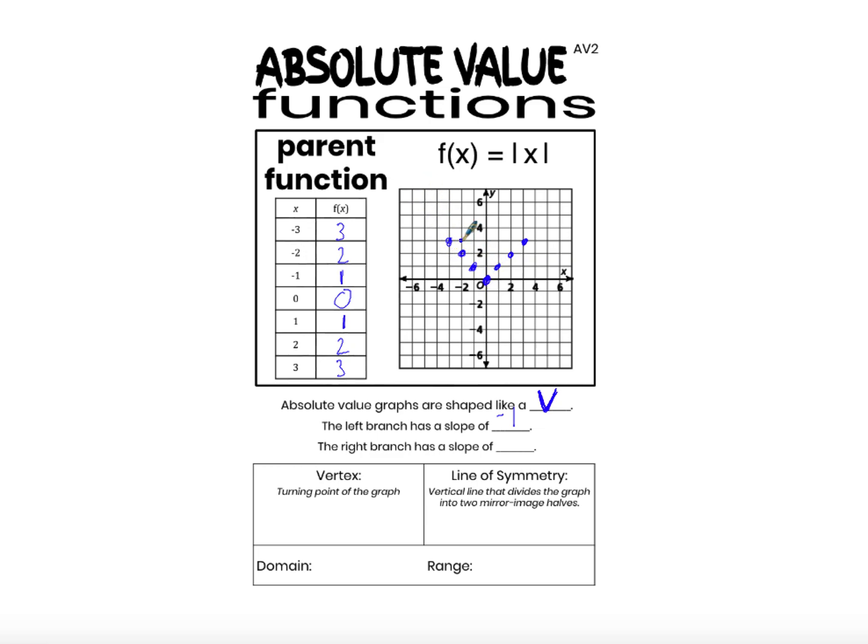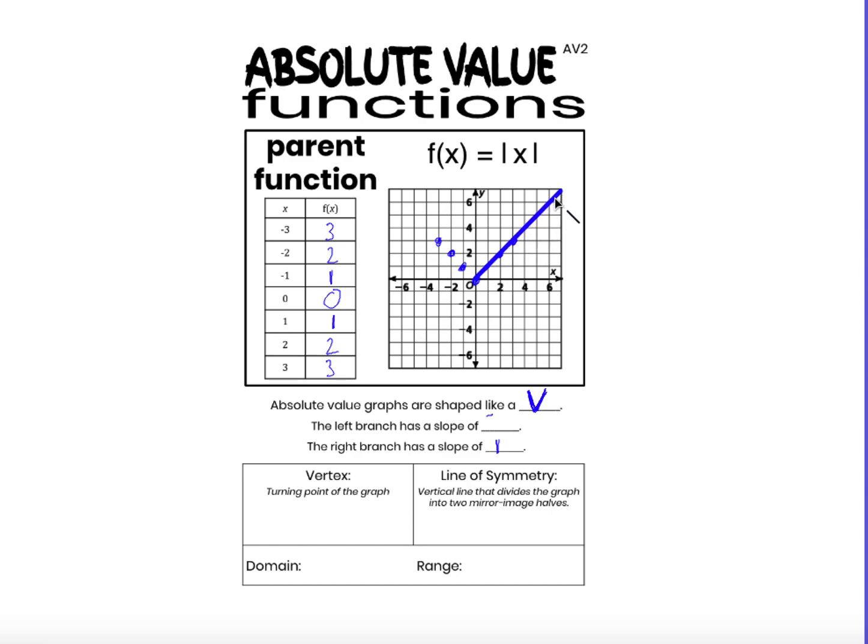When x increases by 1, y goes down by 1. Alternatively, we can think of this as rise over run, rise of -1, run of 1 gives us a slope of -1. The right branch has a slope of +1, up 1 over 1, rise of 1, run of 1. When x increases by 1, y increases by 1.